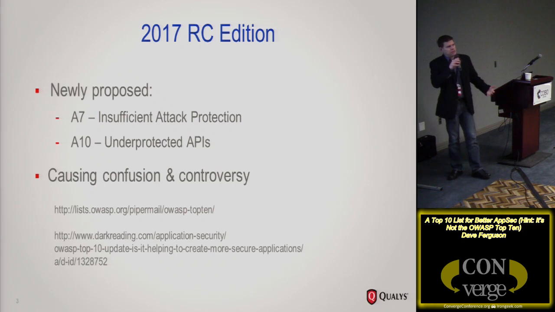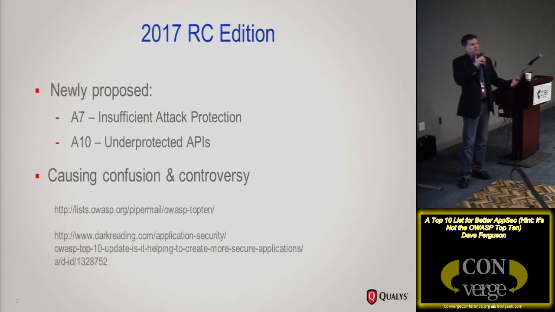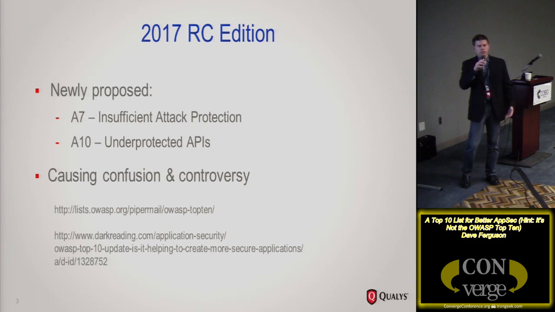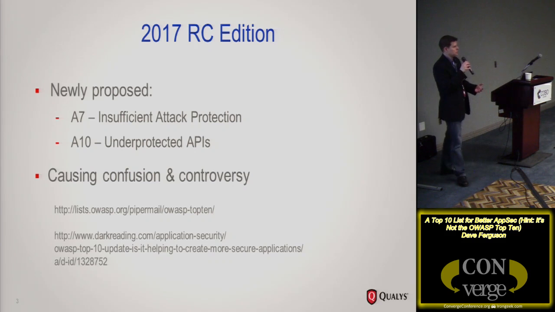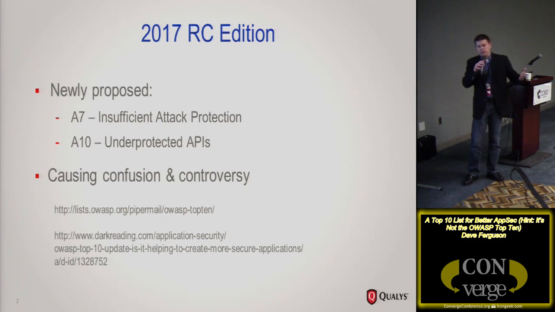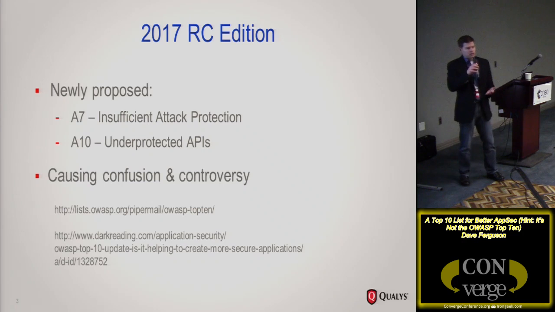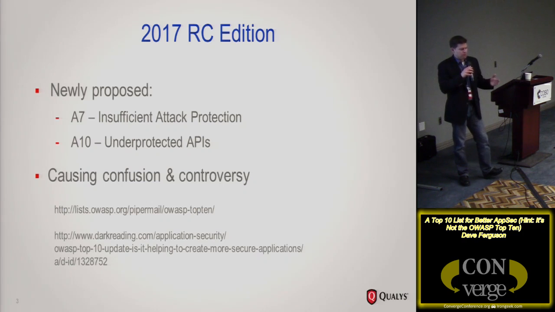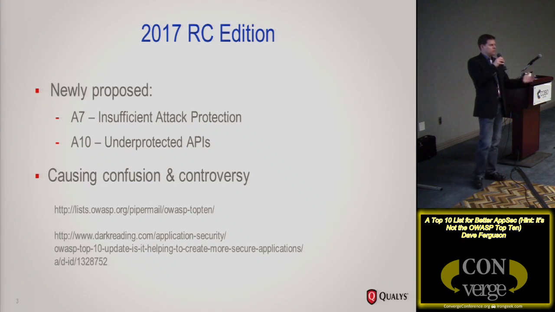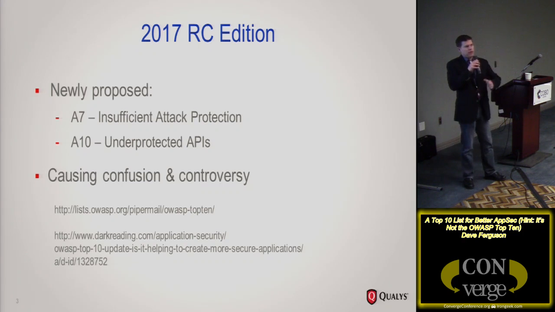Insufficient attack protection is completely different than any other type of OWASP Top 10 issue in the past in that this is not really a vulnerability or a risk. It's really like a way of protecting applications that may have vulnerabilities. So it's not about fixing vulnerabilities or knowing that you have them. It's just about protecting applications.